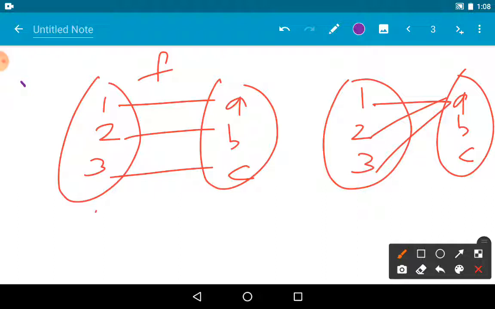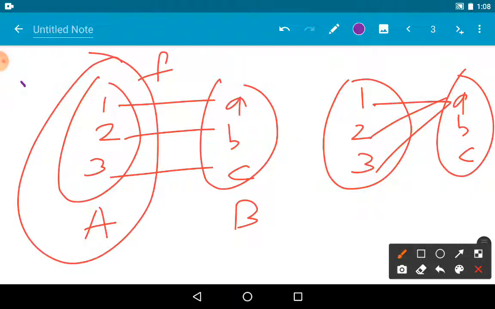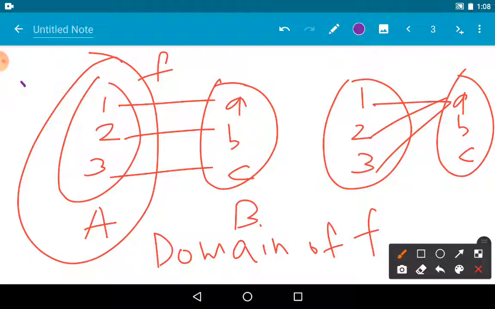So if a function is from this set A to this set B, then the set A where the function starts is called the domain of the function. That is the domain of f. And the points where the elements in A are mapped is called the image of f.